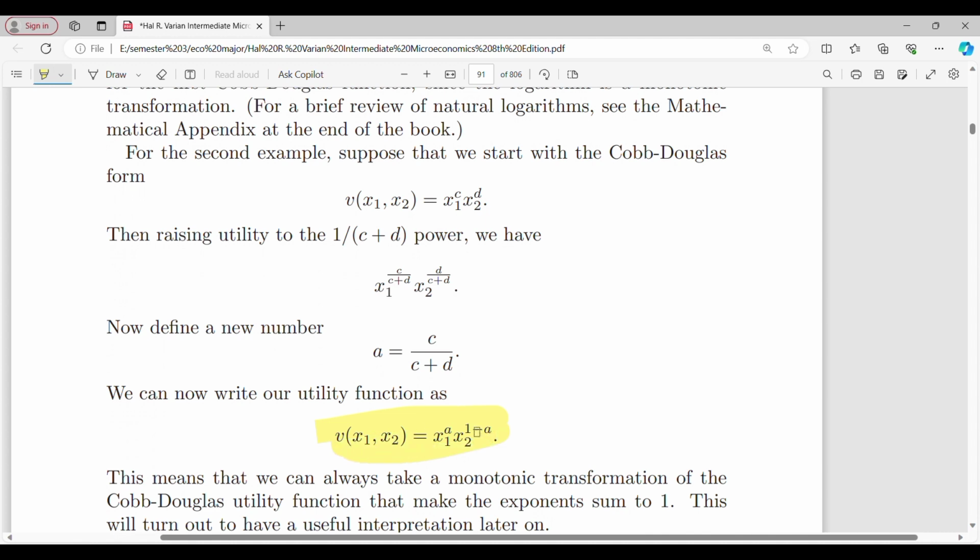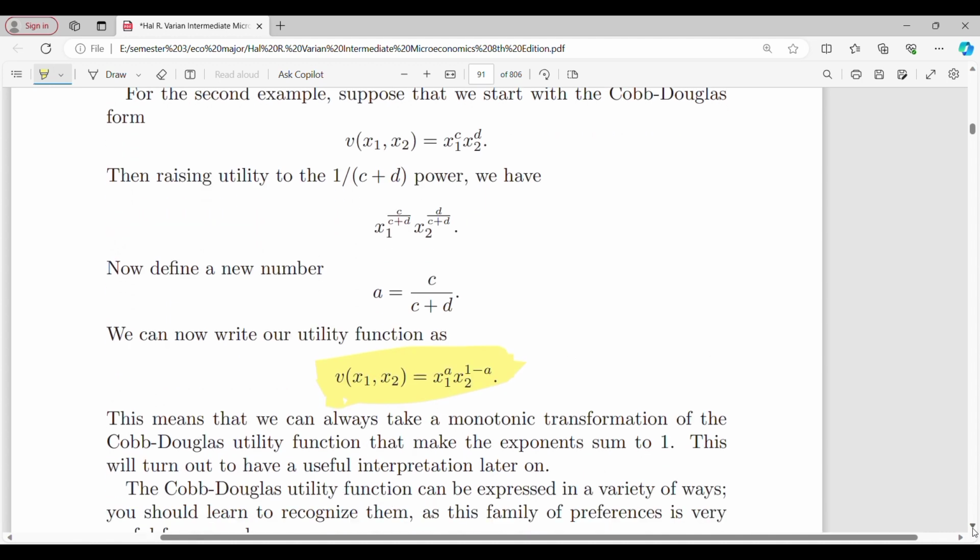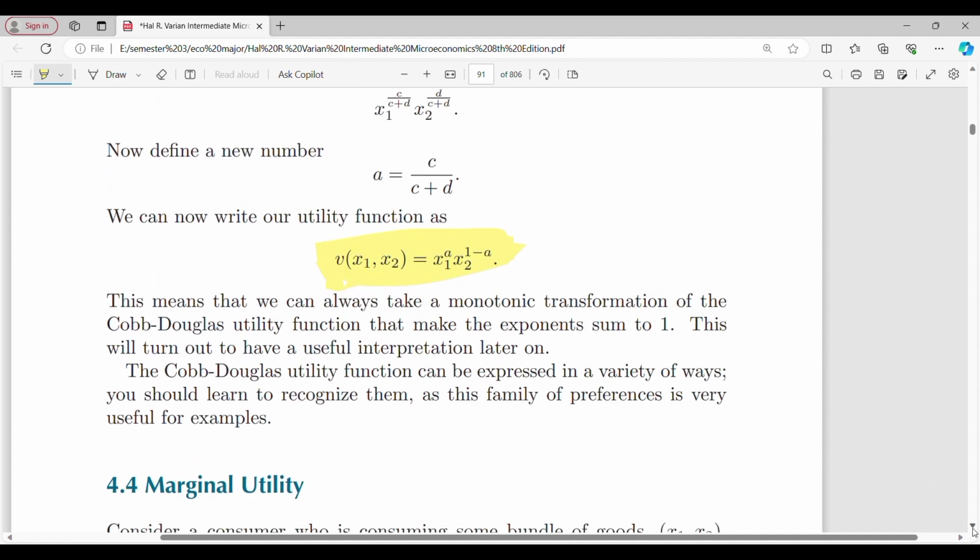This is the final form, just go over this. This means that we always take a monotonic transformation of the Cobb-Douglas utility function that makes the exponent sum to 1. The exponent sum has to be 1. With two goods, the first good will have exponent a, and the other will have 1 minus a.